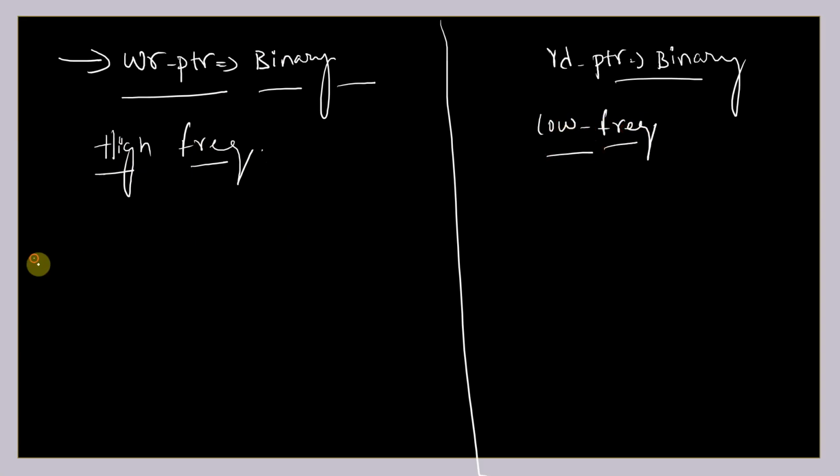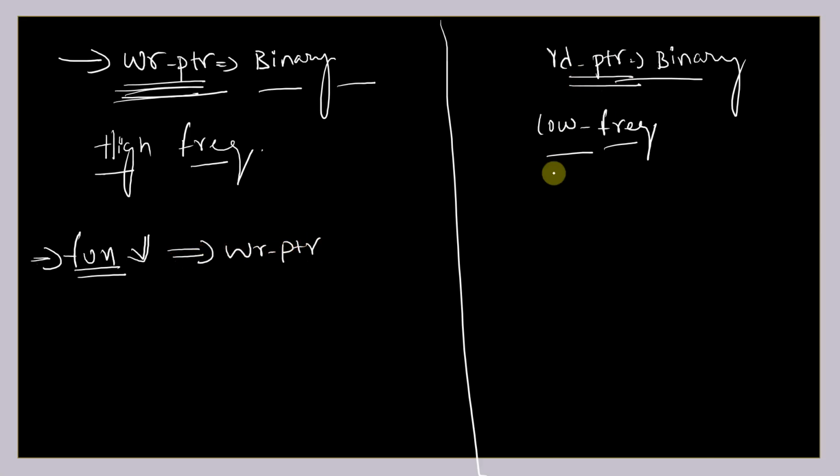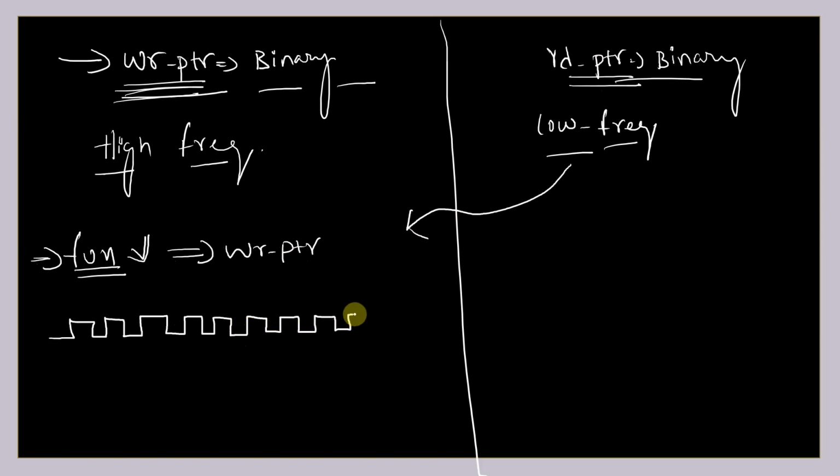And if I want to calculate full condition, I have the write pointer information already present with me. I should get read pointer information from this low frequency domain. Now, let's say this is my high frequency clock.